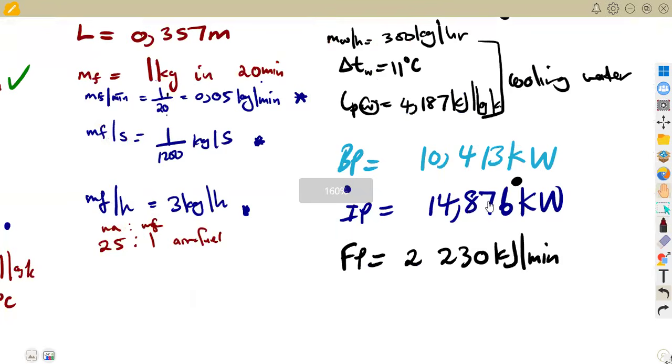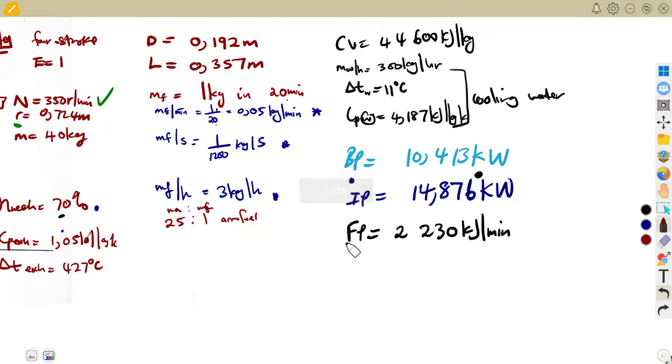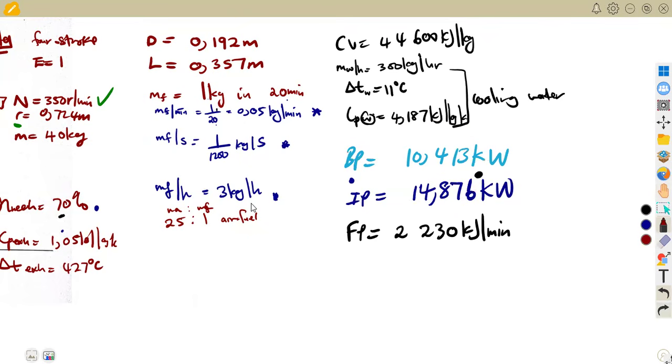We have the brake power. Why are they saying the heat absorbed? Because it is given in a different unit, because this is heat, energy, power. The brake power is already given as 10,413 kilowatts.